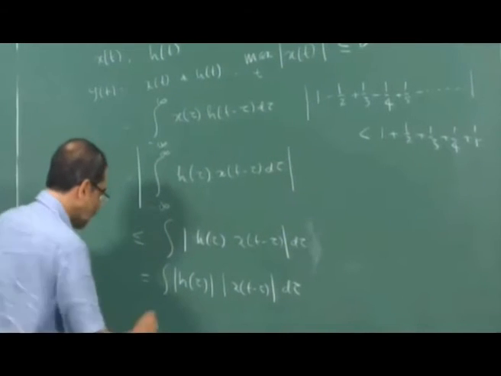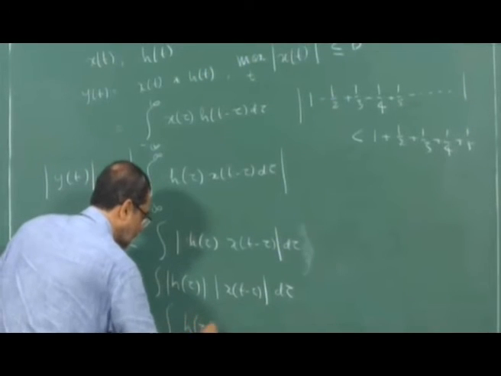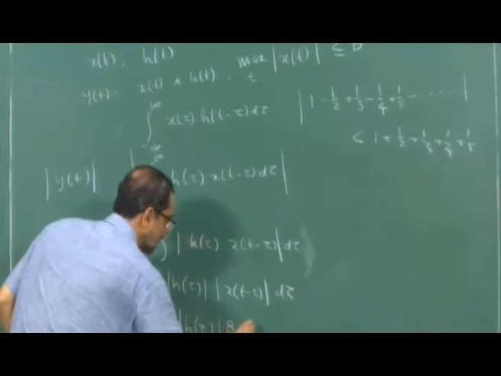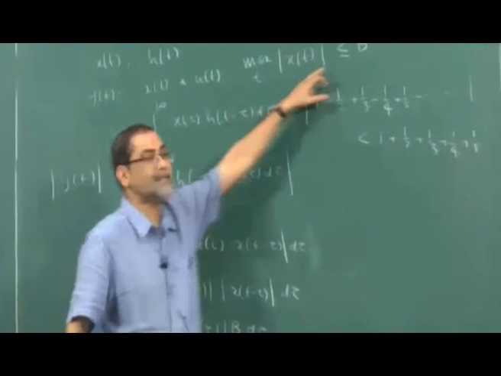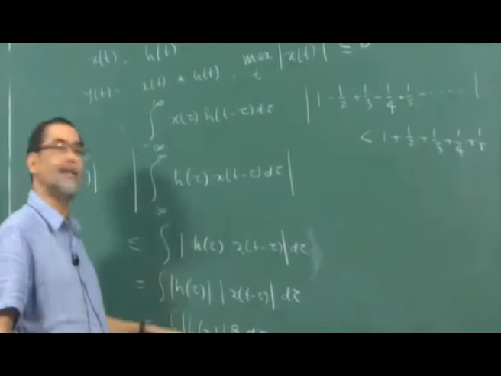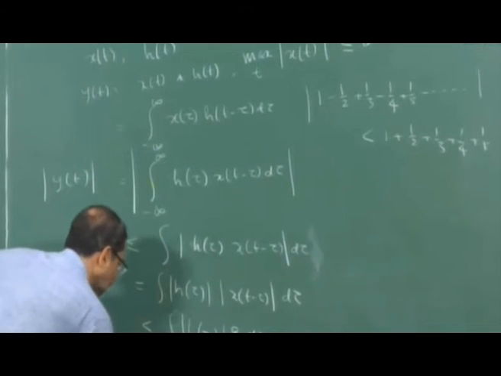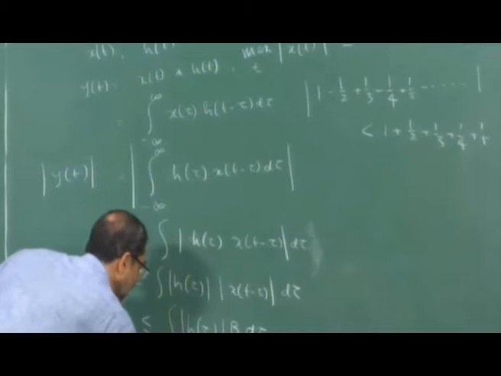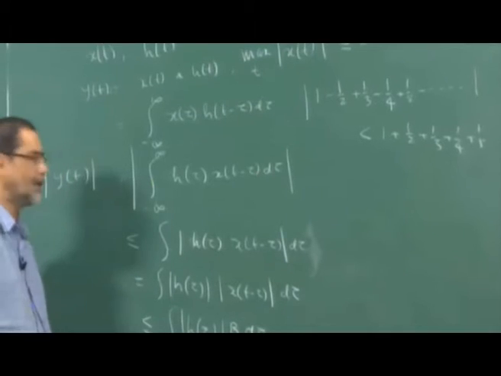This will be less than or equal to the integral where b replaces x, because by assumption x is less than b, so b comes out. So this is equal to b times the integral of the absolute value of h of tau d tau, right?